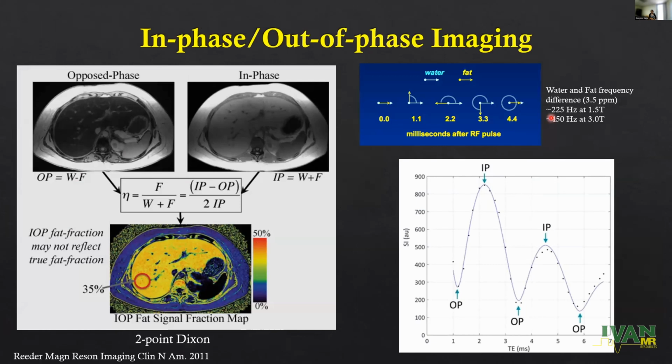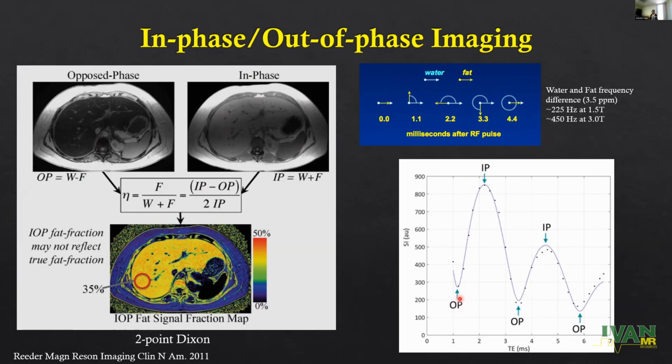In imaging, we also have in-phase and out-of-phase imaging, where you acquire images. When you acquire multi-echo images, because fat and water resonate at different frequencies, they come in phase and out of phase. For example, at 1.5 Tesla they are out of phase at 2.2 milliseconds and come in phase at 4.4 milliseconds.